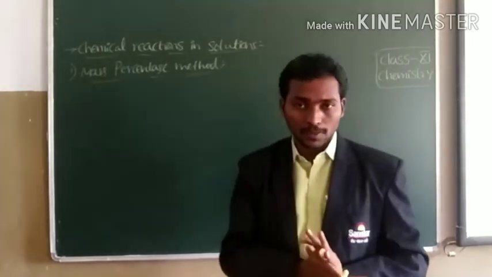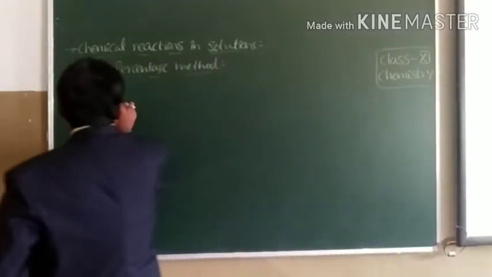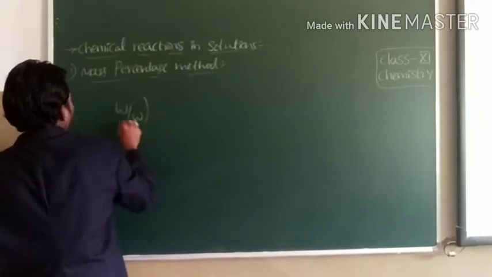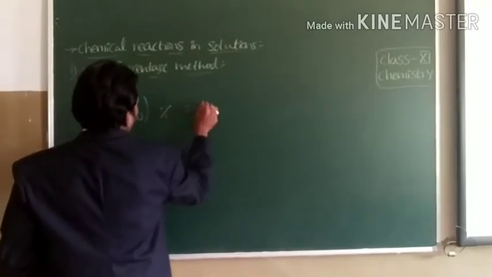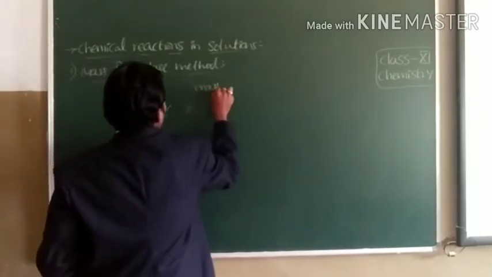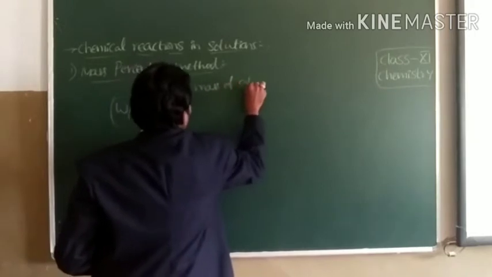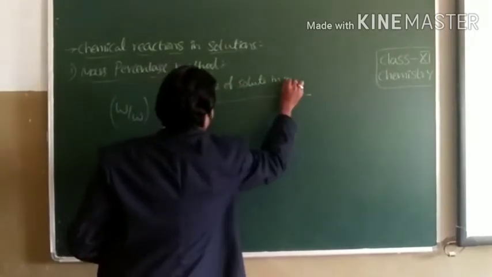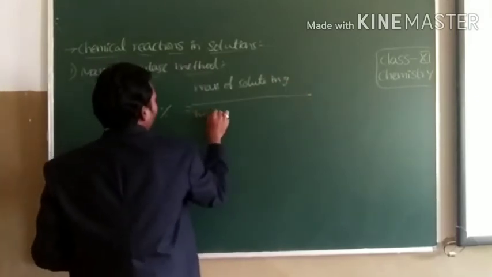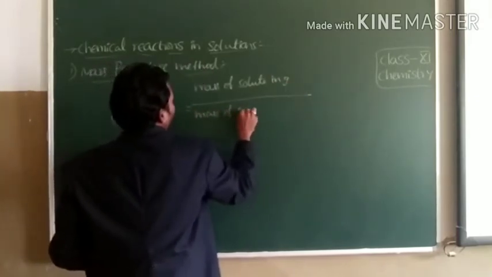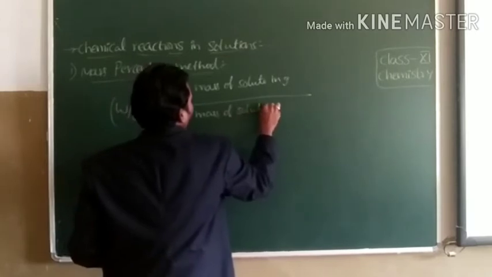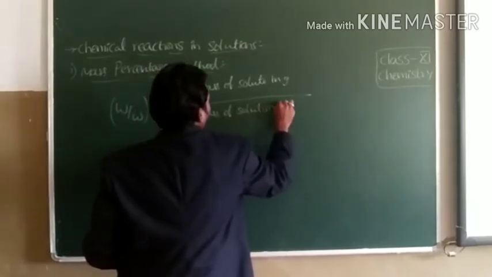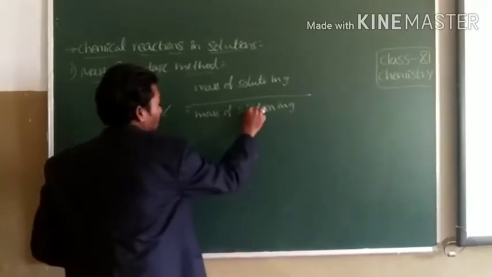The formula of the mass percentage method, or weight percentage method, is mass of solute in grams divided by mass of solution in grams, into 100.